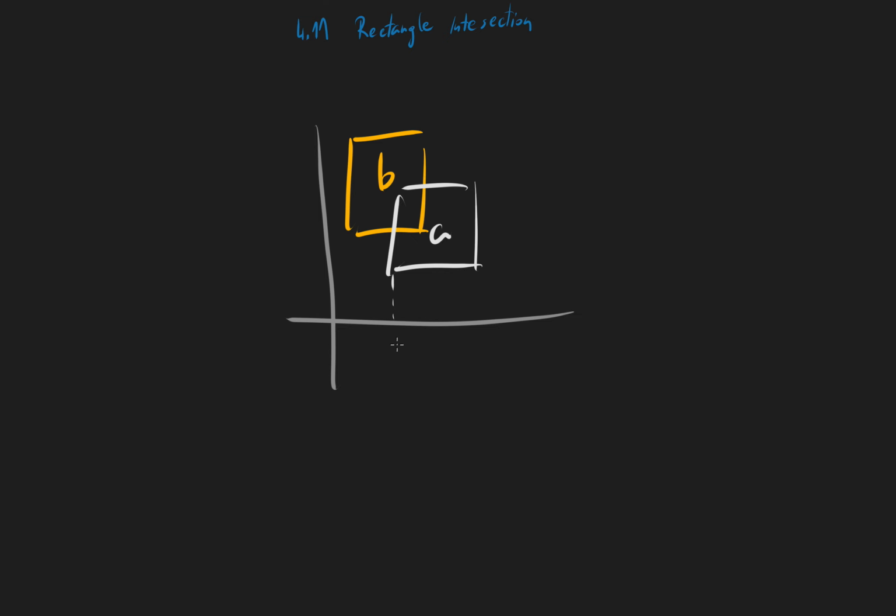So here we have an X and this guy is Y. So this is X for the B and Y for the B. And what we're looking for is this square, right? So our point is here for X and Y. And of course, we need to calculate width and height. Okay.